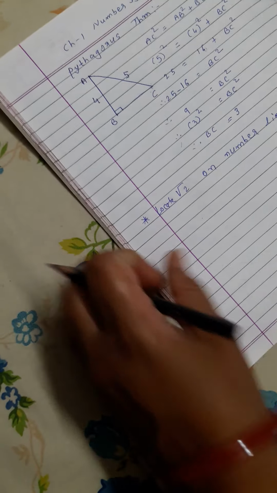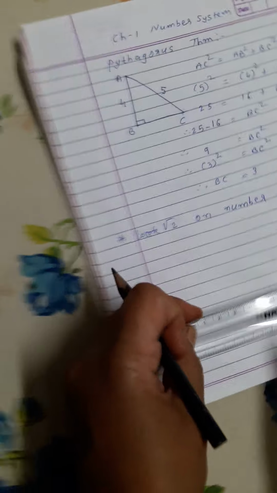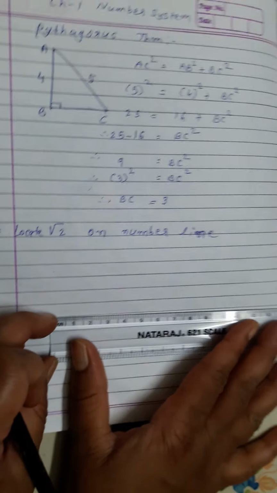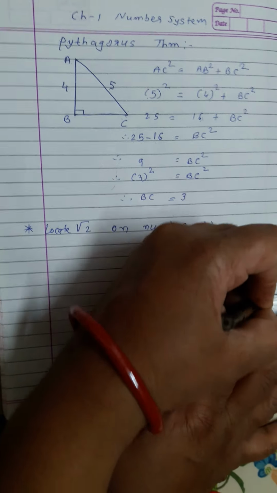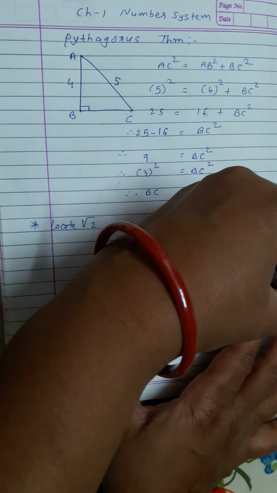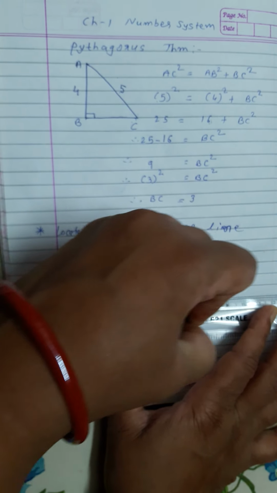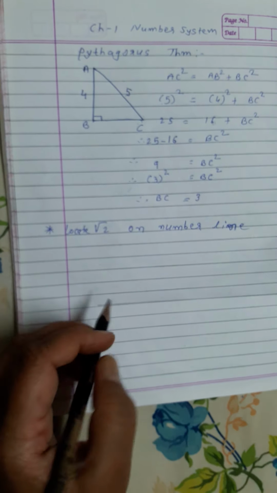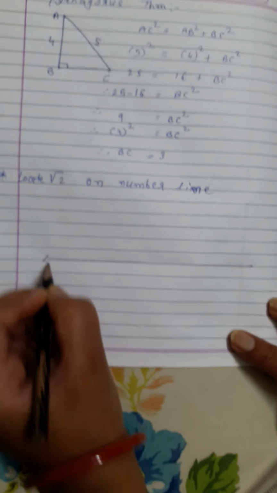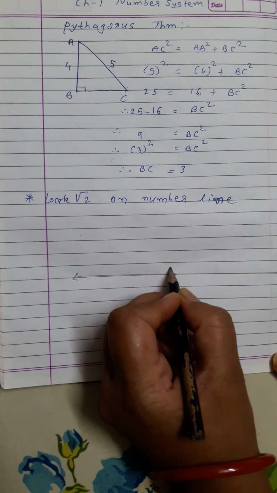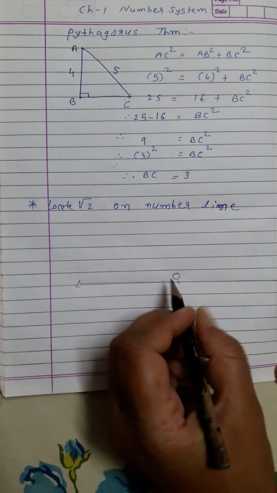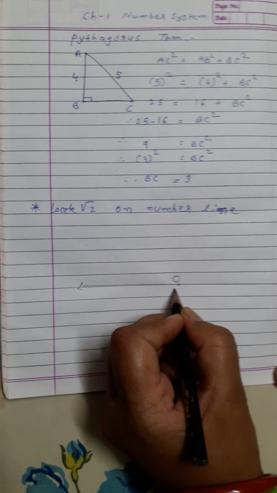First of all, we draw a number line. We take point O which corresponds to 0.